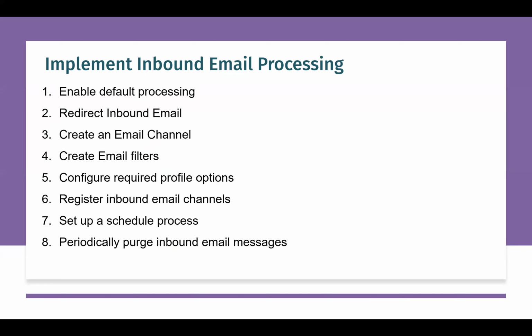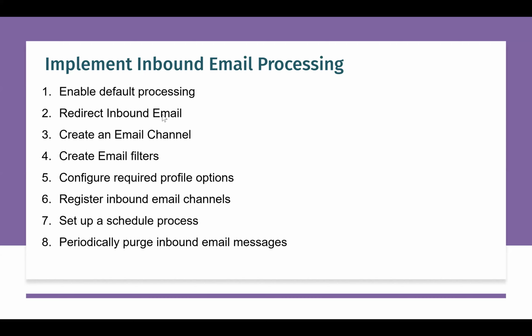So to implement this inbound email processing, we have to make sure these points are set up correctly. The first point is enable default processing. Second point, redirect inbound email.